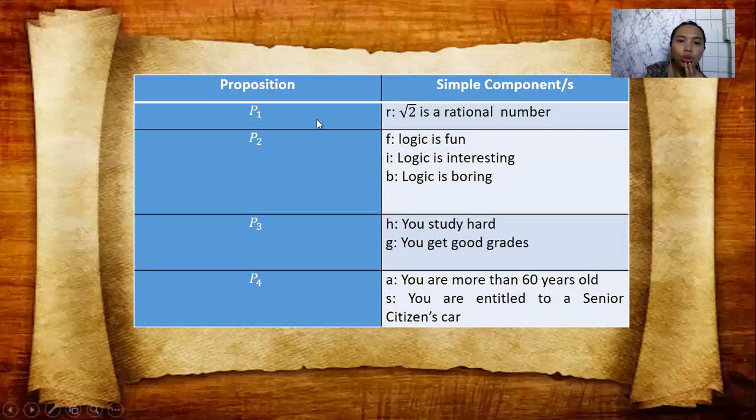For P sub 2, you can actually break down the statement into 3. You can use any letters, as long as they are small letters. So you can break it down into propositions F, I, and B: logic is fun, logic is interesting, and logic is boring.